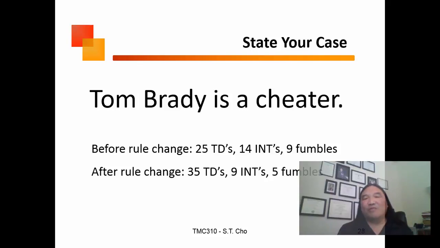But before the rule changed, Tom Brady was a good quarterback. After the rule change, if you look at his statistics, all of a sudden he became a Hall of Fame quarterback. And no quarterback in the NFL, not Drew Brees, not Peyton Manning, had as big a shift in performance as Tom Brady did. And so I'm asserting he is a cheater.